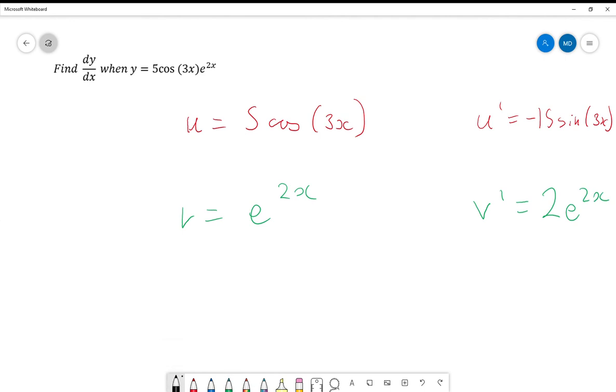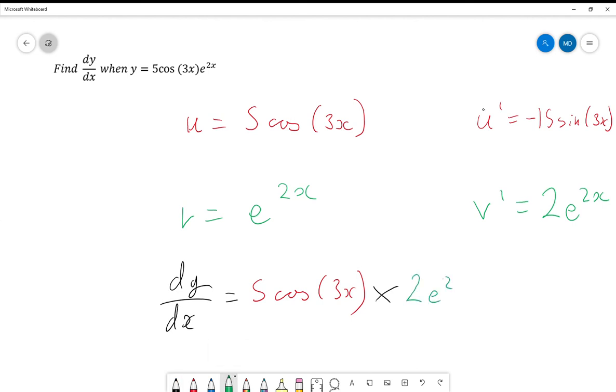And therefore, dy by dx is just equal to the diagonals again. So it's going to be 5 cosine of 3x multiplied by 2e to the 2x plus, and then we go for the other diagonal, negative 15 sine of 3x multiplied by e to the 2x.